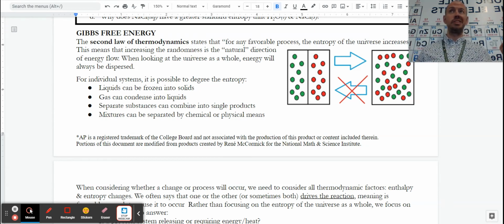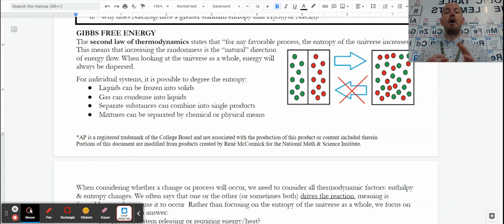We can have synthesis reactions where separate particles combine into one big thing, or we can separate our mixtures. We can take these things, if it was something like salt and water, and by physical means, or sometimes by chemical reactions, get them back separate. So although entropy naturally goes towards more random, there are ways to decrease that entropy.